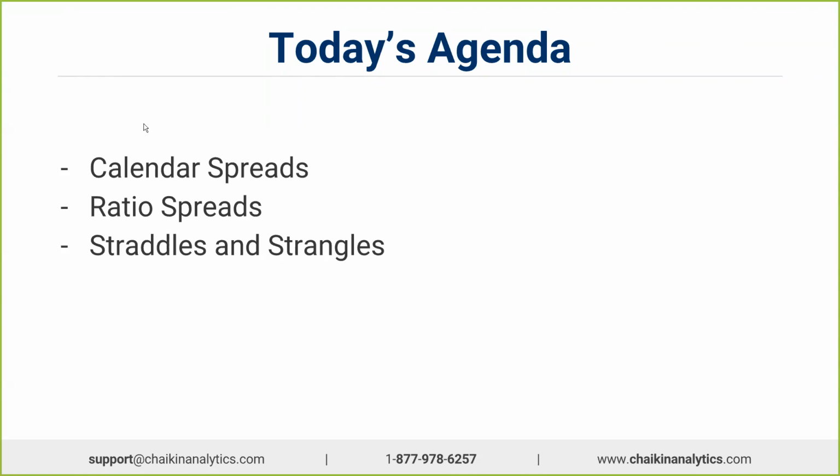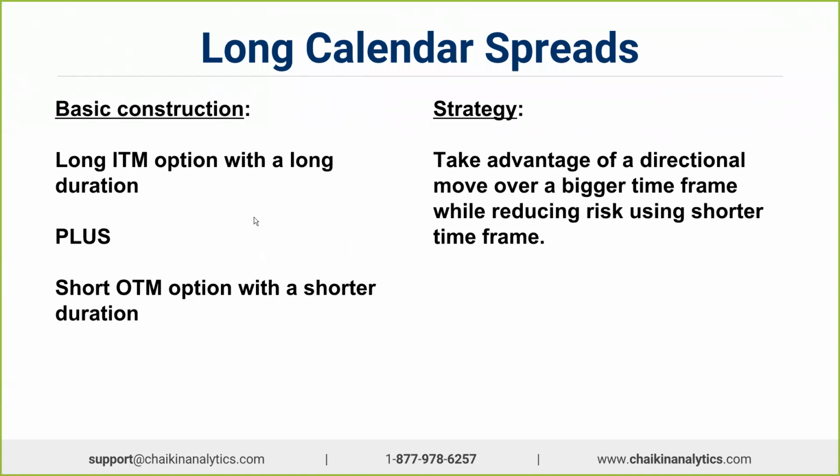All right, so let's rock and roll. A calendar spread is where we buy a long dated option and then we sell a short dated option against it. Now, most of the people that I talk to are doing what's known as a diagonal calendar spread.